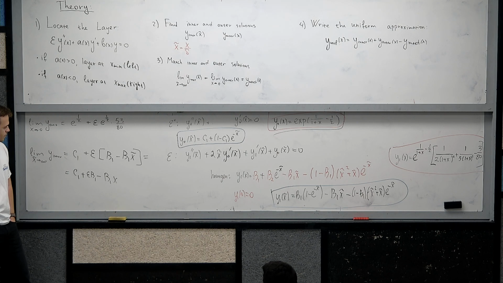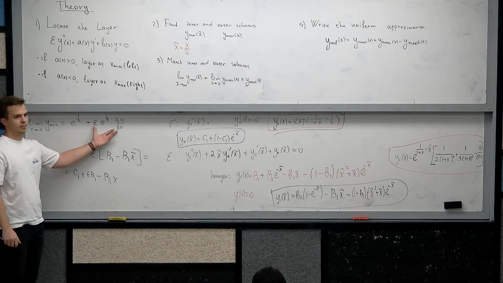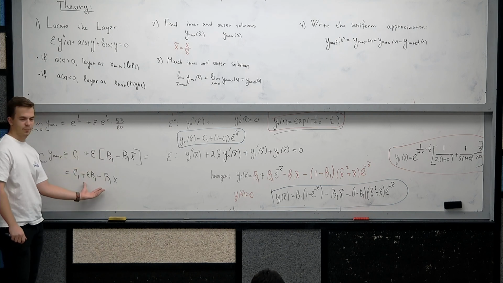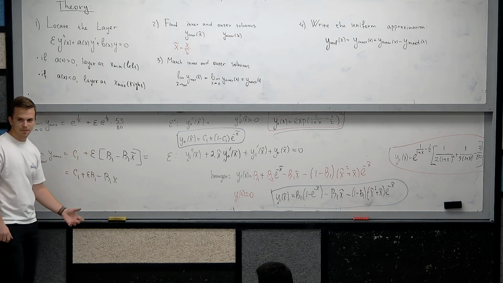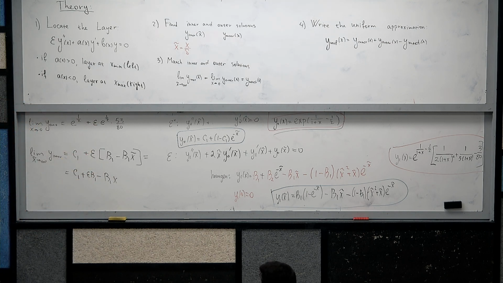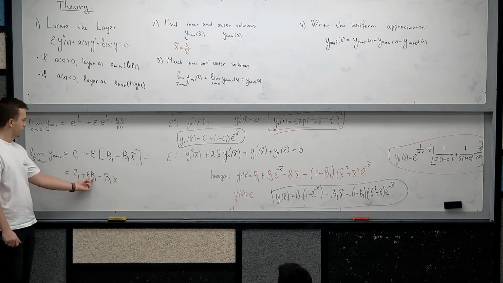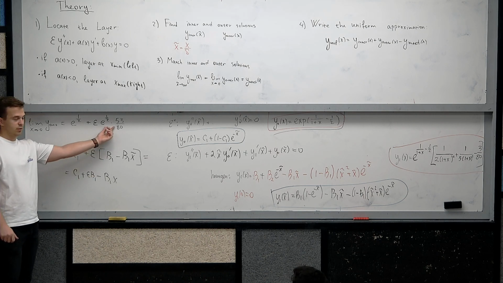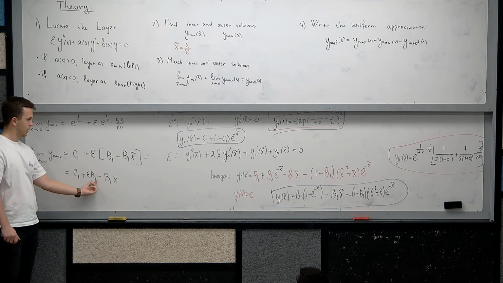Yeah, but the point is, here I don't have terms of x, and here I have. So what should I do? You cannot match them because it is zero. You say B1 is 0. It can't be 0.